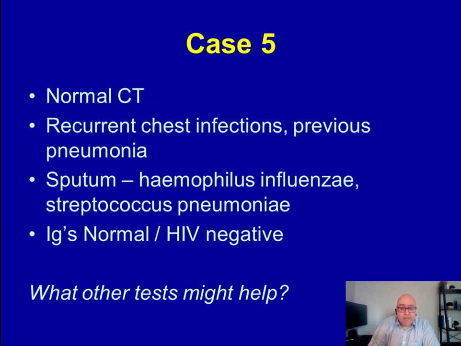Our fifth case is a patient who's got normal CT scans, so no features of bronchiectasis anatomically, but certainly has recurrent chest infections, has had previous pneumonia, and sputum demonstrates consistently growths of Haemophilus influenzae and Streptococcus pneumoniae. Immunoglobulin levels have been normal, as has other testing, including HIV testing.